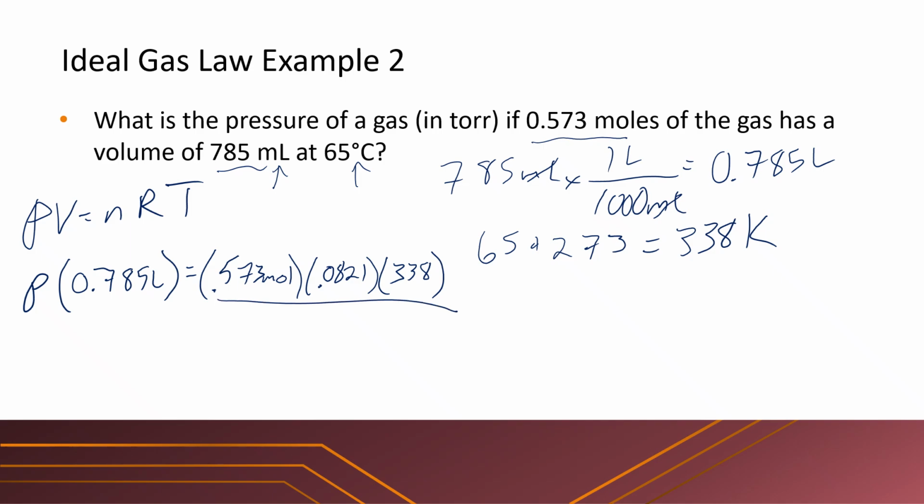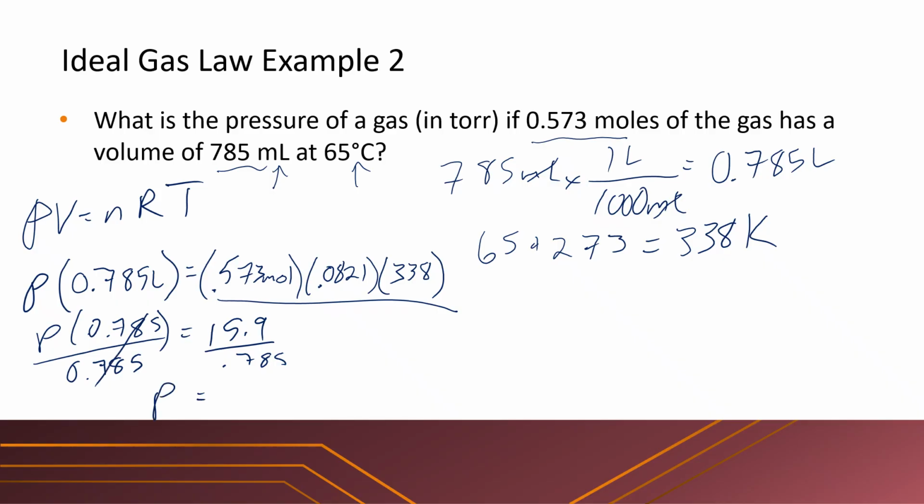I get pressure times 0.785 equals 15.9, and to get pressure by itself, I'm going to divide both sides by 0.785. And I get 20.26, but that's in atm.